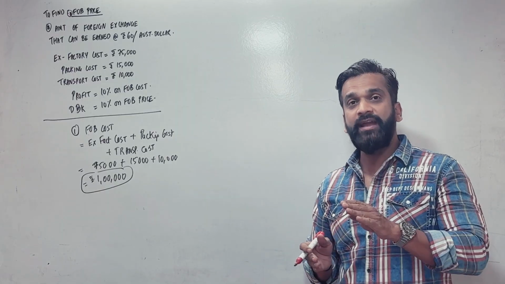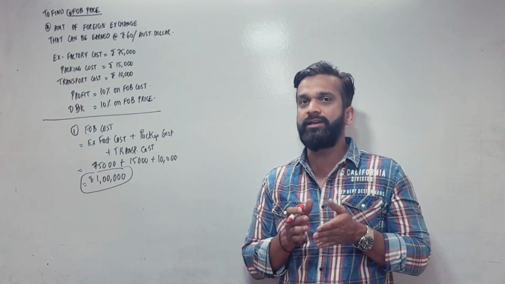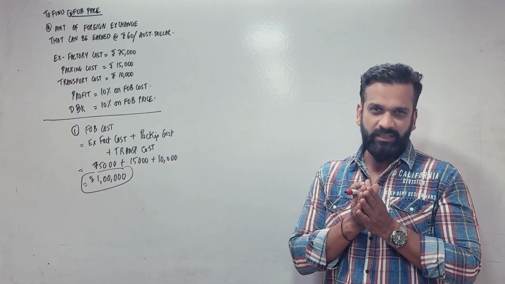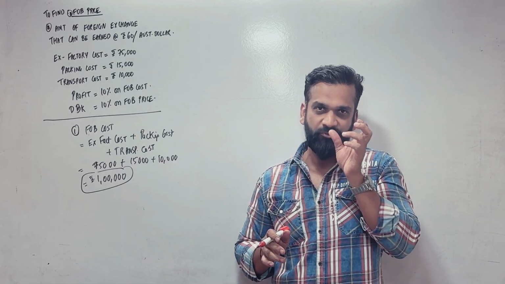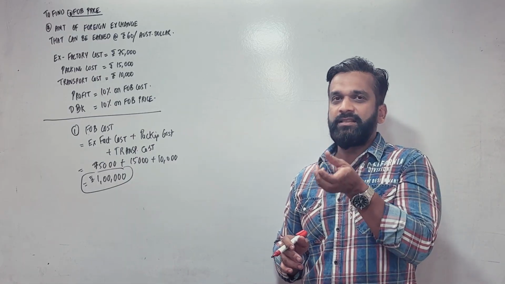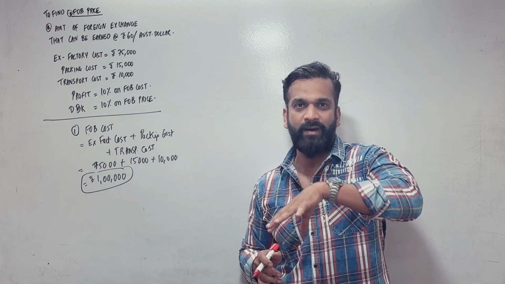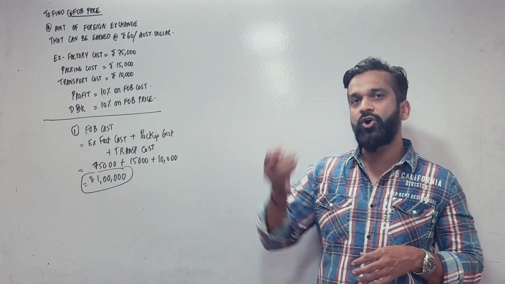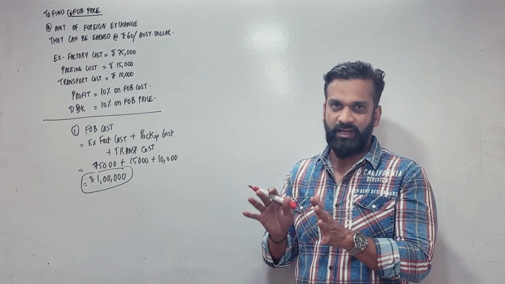Then we are supposed to find out the FOB price. How to find out the FOB price? We have the basic formula, that is FOB price plus the incentives, that is duty drawback, is equal to FOB cost plus profit. So this is the formula. There are 4 parts.